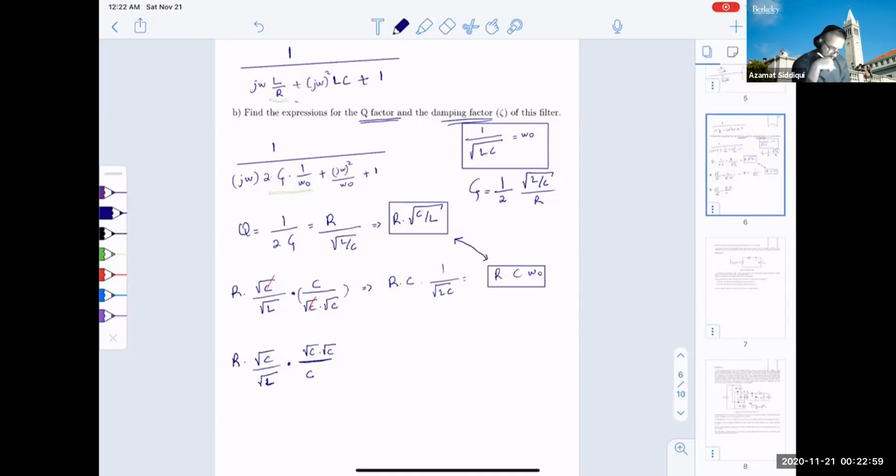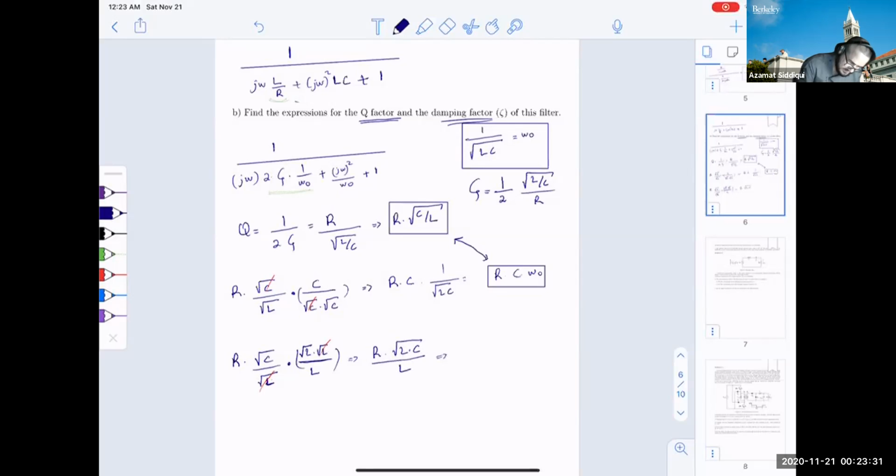Oh yeah, I figured that if I multiply this by square root of L times square root of L divided by L, one of these will cancel out. I'm going to have R times square root of L times C divided by L.